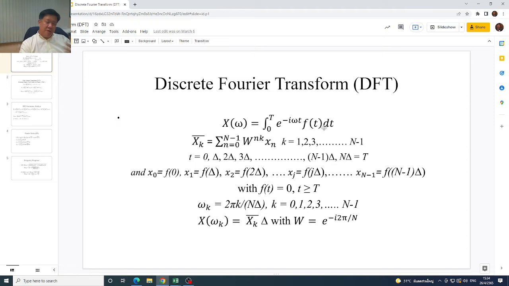And what is the benefit of doing this? Let's consider the notation omega. Way back, you might recall, omega is the notation for what we call the angular velocity, where omega is equal to 2 times pi times frequency.